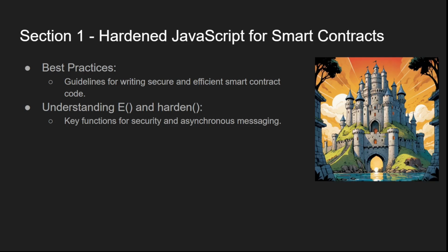The harden function is used to make objects immutable, meaning their state cannot be altered after they are created. This immutability is critical for maintaining security and integrity in your smart contracts. By mastering these best practices and understanding how to effectively use E and harden, you'll be well on your way to writing secure and efficient smart contracts on the Agoric platform. Let's dive deeper into these topics, starting with best practices for hardened JavaScript.